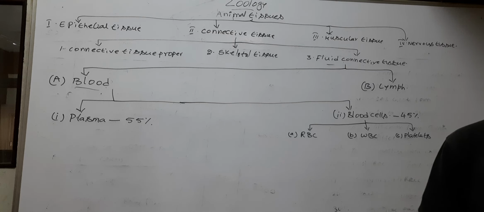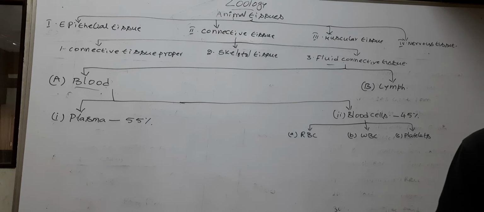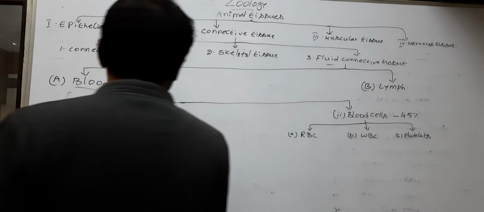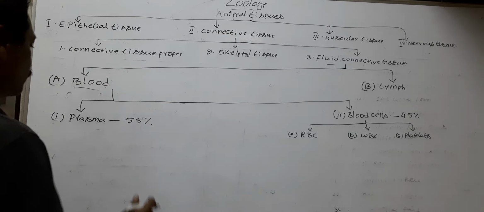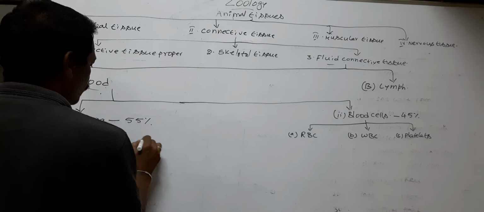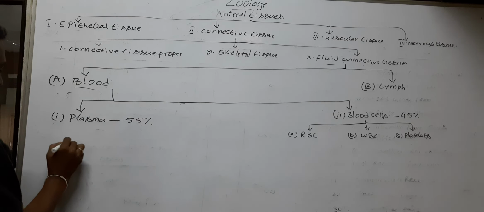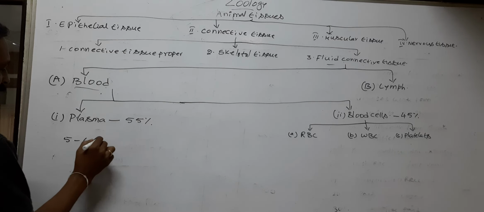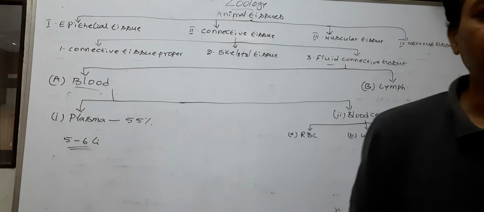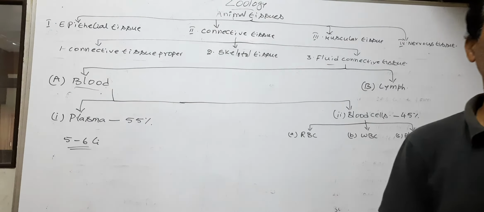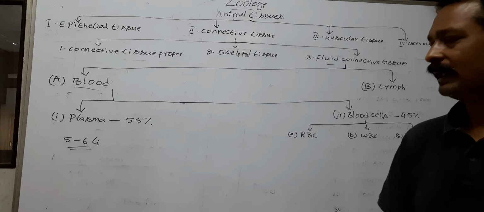The total volume of blood in a healthy adult human being is about 5 to 6 liters.